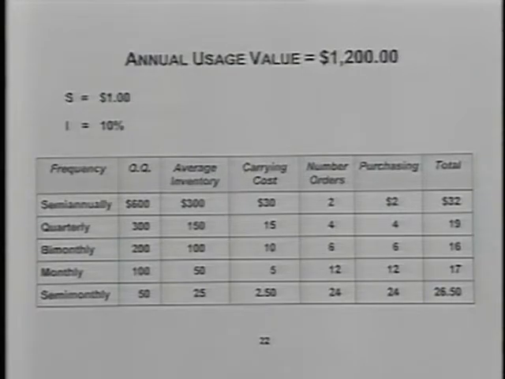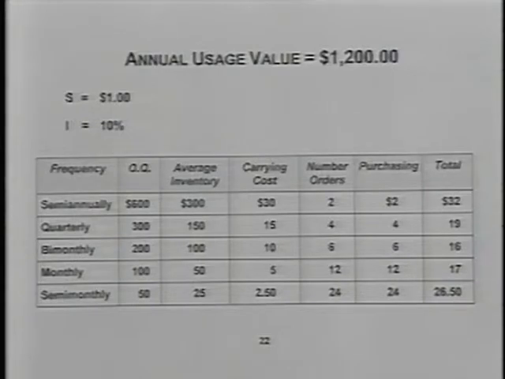But once we pass bi-monthly, you'll notice the total cost is starting to go up. We go from $16 up to $17, and then we get into semi-monthly, and we're up to $26.50.